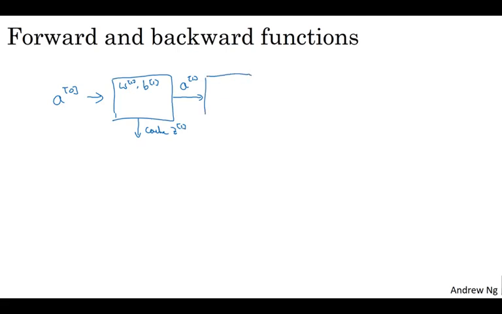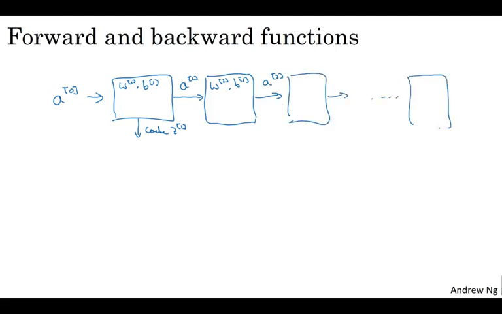Now, having done that, you feed that to the second layer, and then using W2 and B2, you're going to compute the activations of the next layer, A2, and so on, until eventually you end up outputting a capital L, which is equal to Y hat. And along the way, we cached all of these values Z. So that's the forward propagation step.